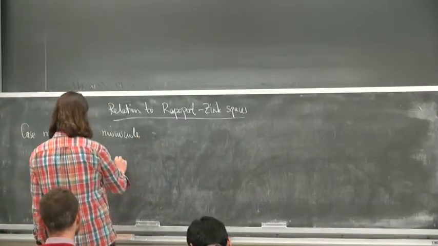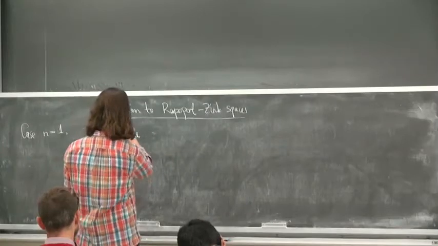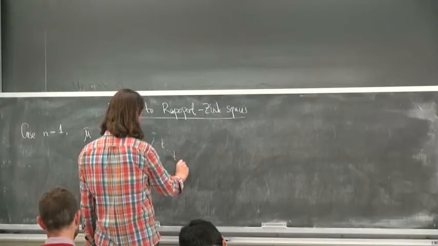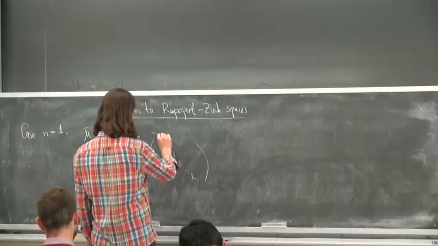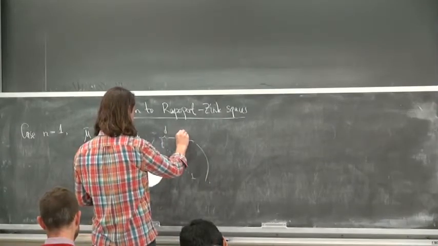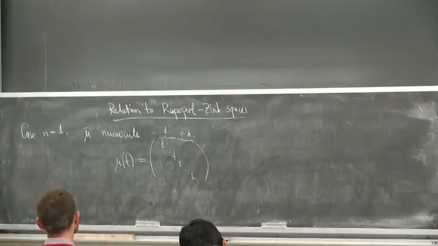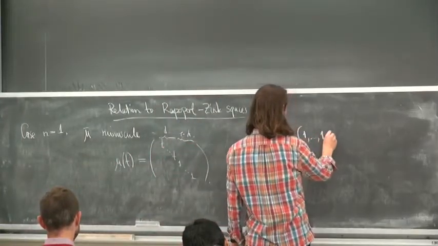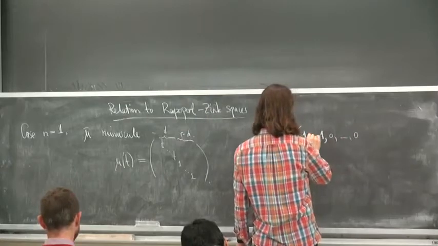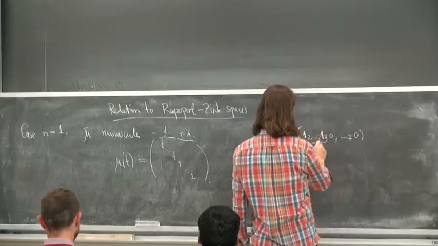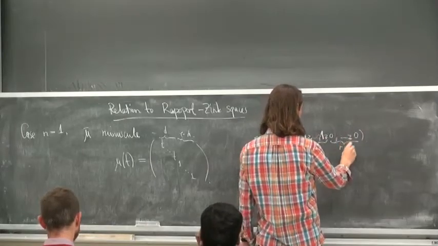For GL_n, there's probably some central twisting that would be allowed. So I really want this cocharacter to be of the form a few 1's and a few 0's, with d many 1's and r minus d many 0's. So this corresponds to a sequence 1, 1, 0, 0.